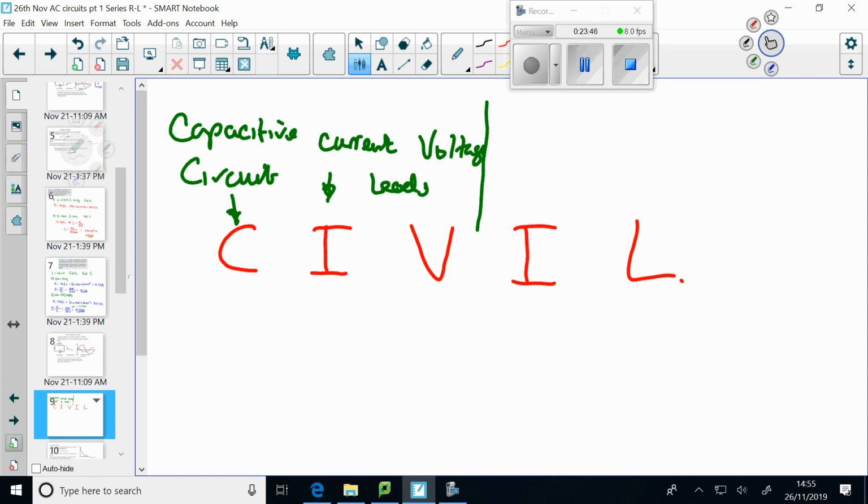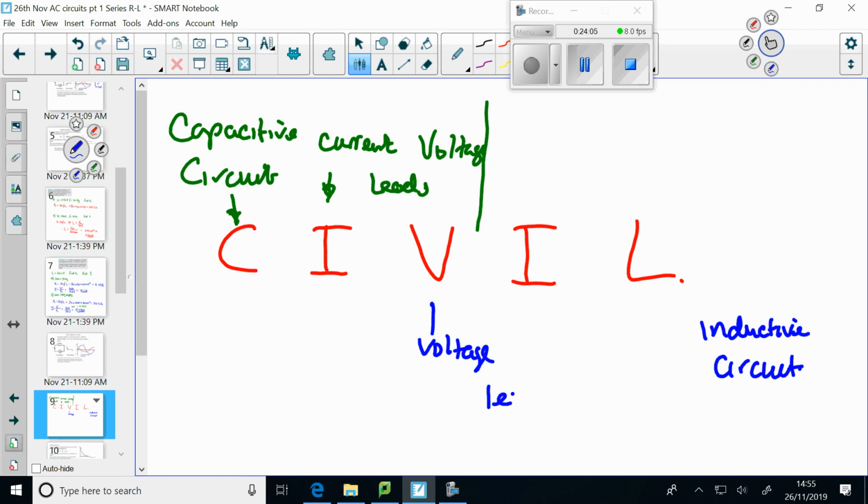And then in the inductive circuit, voltage leads current.